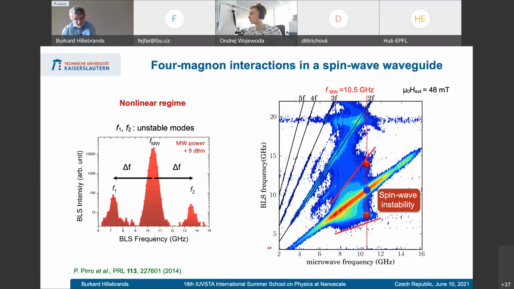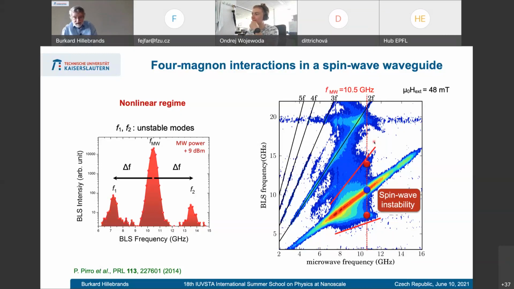We take 2 blue magnons, and they scatter into 2 red magnons, and you see that the sum of the frequencies of the red ones gives exactly the frequency of the 2 blue magnons. We need 2 blue magnons, of course, for wave vector conservation. These kinds of processes happen also for the higher orders somewhere here. It's the same thing for the 2F signal, because the nonlinearity is still strong enough.